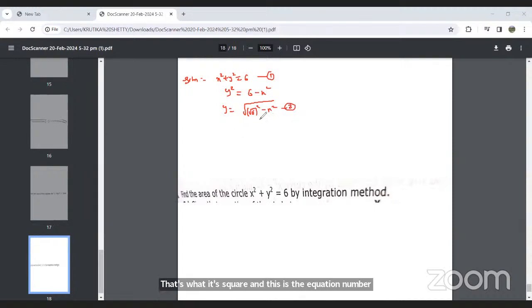So in equation number 2, I have written the given equation 1 in terms of y, and y is equal to root of root 6 square minus x square. I have written root 6 square to make use of the formula. So this is the equation 2.